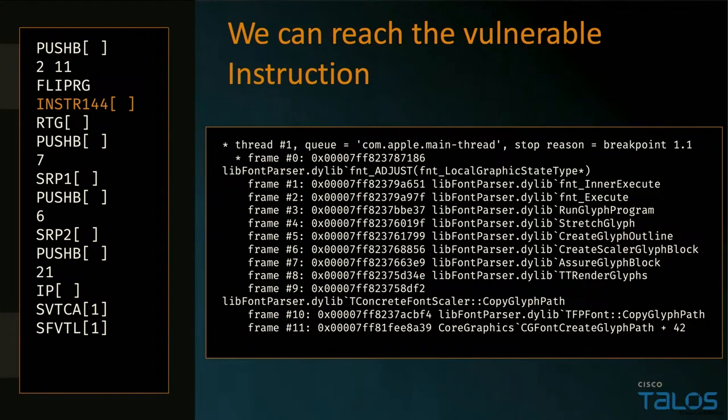And 144 is the opcode for this instruction. So we can insert this undocumented instruction into a font, run the debugger, and see if we can catch it executing. And indeed, in the debugger, we can. We set a breakpoint on that and hit it while executing. So we can now keep digging into the function to see what it does.